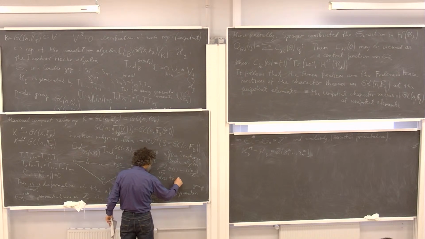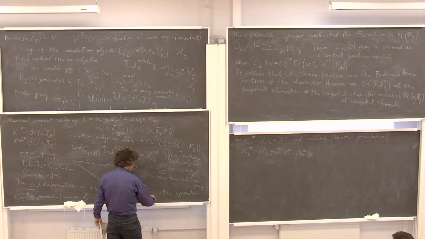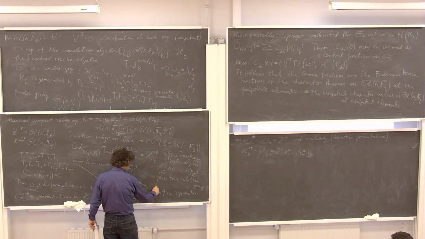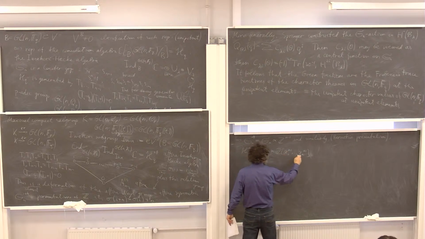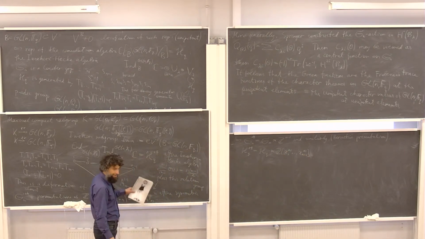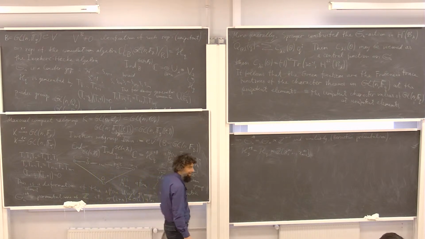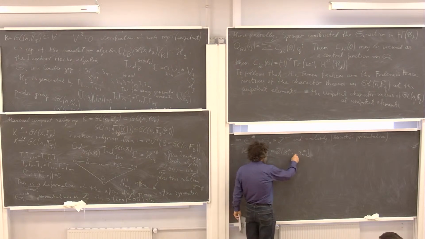Plus this relation. Here, and then I will have n minus 1, and then I will have n minus 1 here. And then it will be true as stated. Absolutely correct remark.